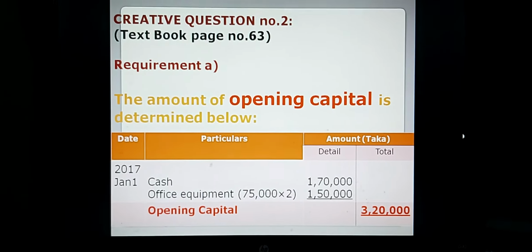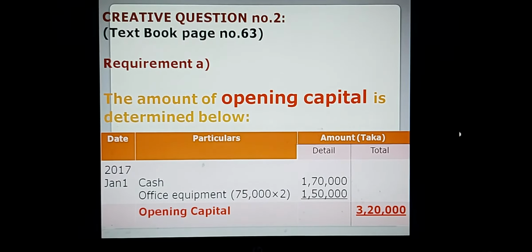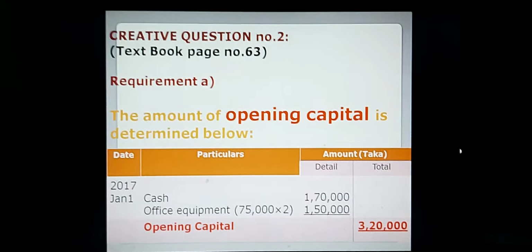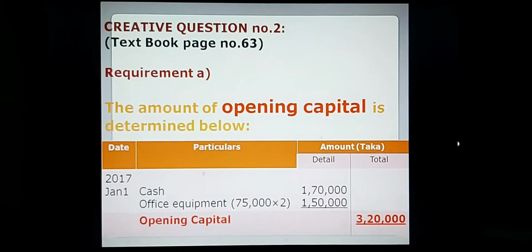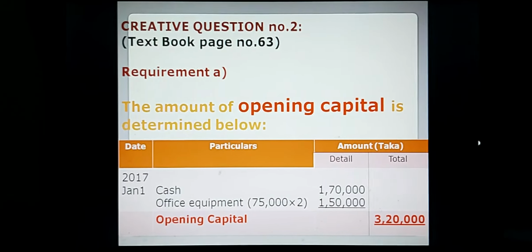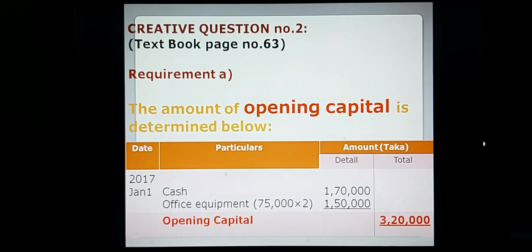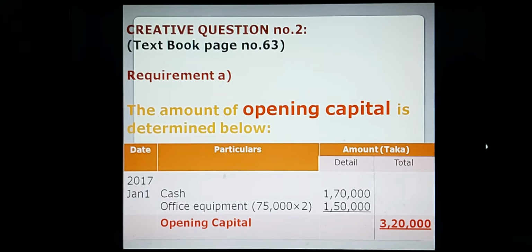You are seeing in the screen how to find out or how to determine the opening capital. The format is given for writing the answer. In this format, we have to follow it for finding out the opening capital.